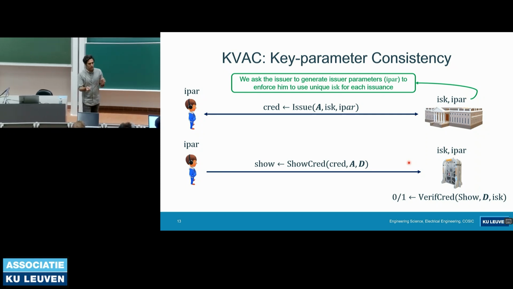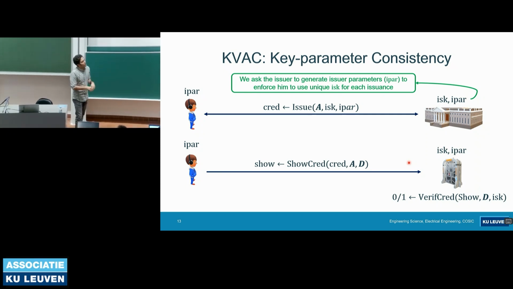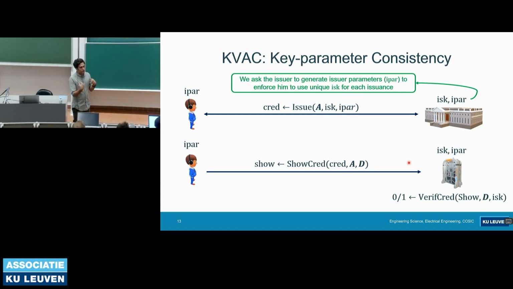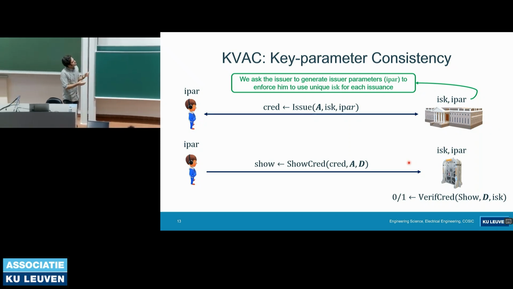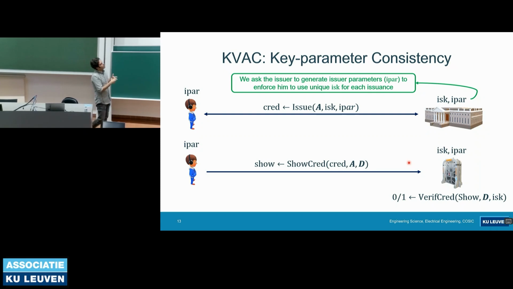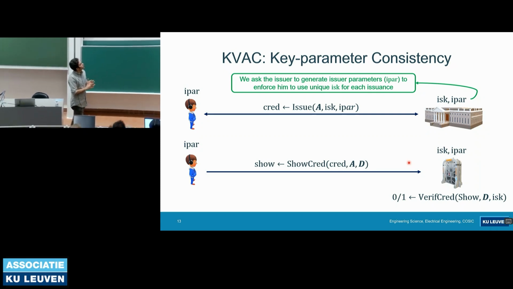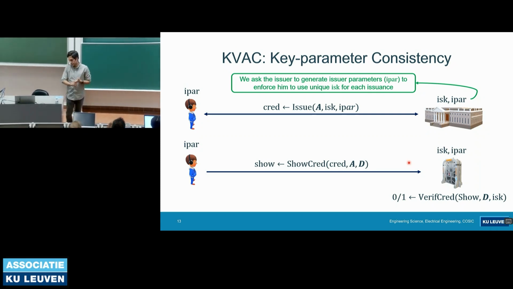In the issuer parameters, the issuer somehow commits to the ISK that he uses to generate the credential and proves to the user that he used the same ISK that he initially committed to, for example, in the setup phase. And by doing that, this construction can achieve both unforgeability and anonymity for a KVAC.